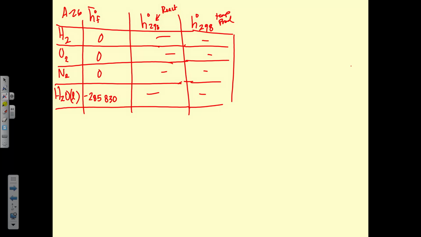If we were to write our energy balance equation, we have negative Q out equal to the sum of the number of moles of our products times the enthalpy of formation of our products, minus the sum of the number of moles of our reactants times the enthalpy of formation of our reactants.